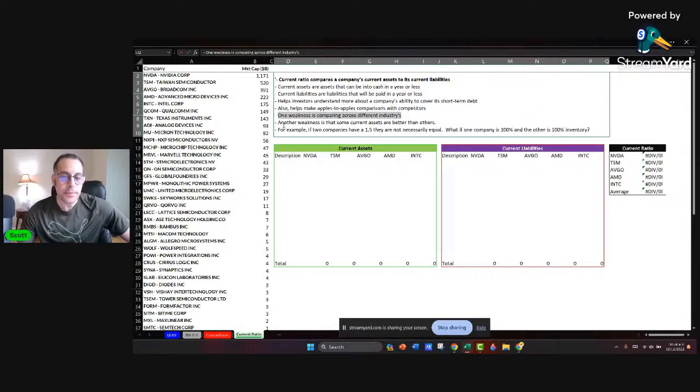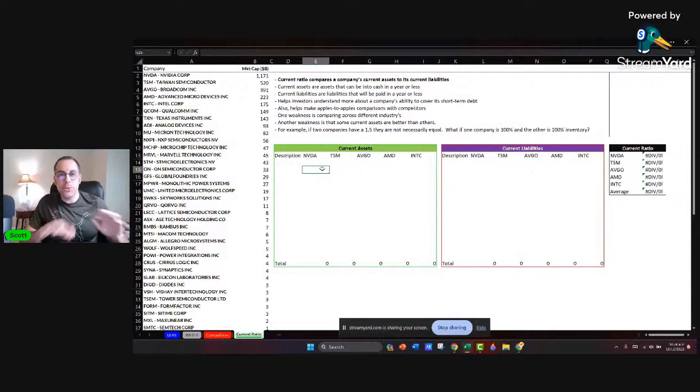Another weakness that I don't see many people talk about, but I think it's a weakness, is that some current assets are better than others. So if two companies had a current ratio of 1.5, that indicates they could both cover their current liabilities with their current assets 1.5 times. But what if one of the companies has all cash, all their current assets are cash?